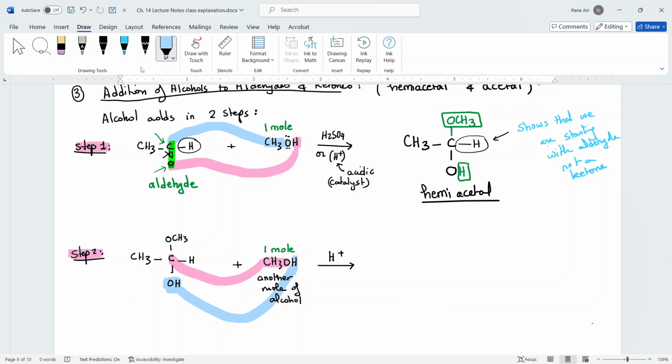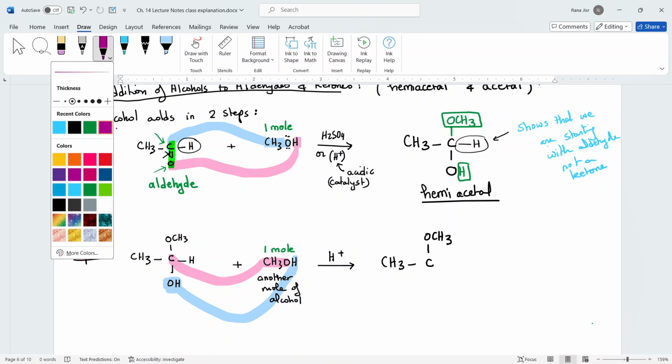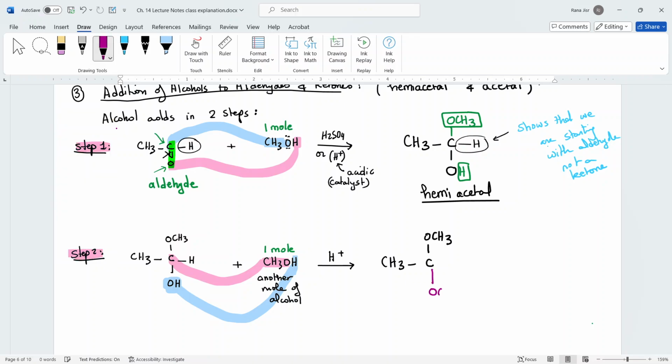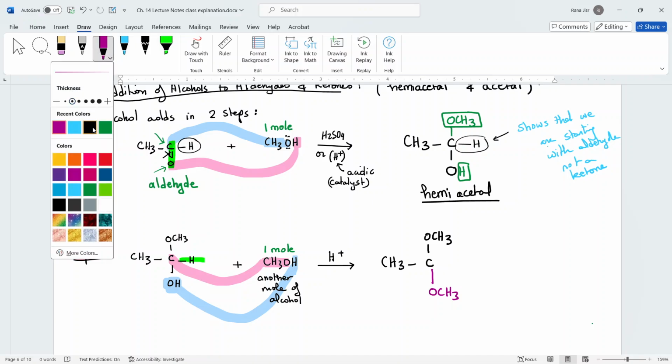So my product in this case is going to be a CH3 that is connected to the carbon. This is an OCH3. So what did I do here? I added an OCH3 and replaced the OH.